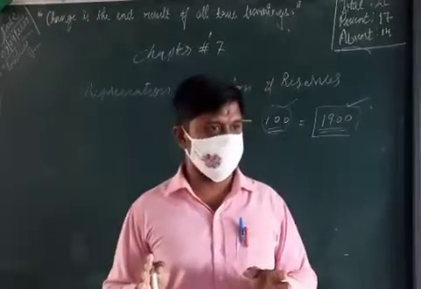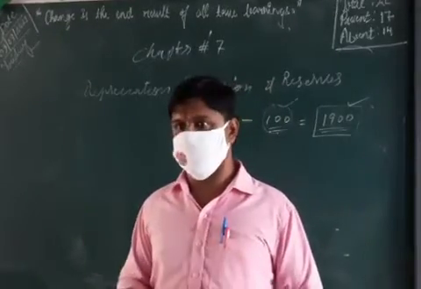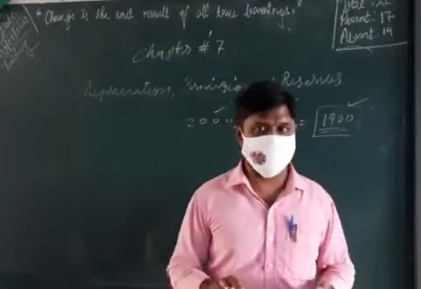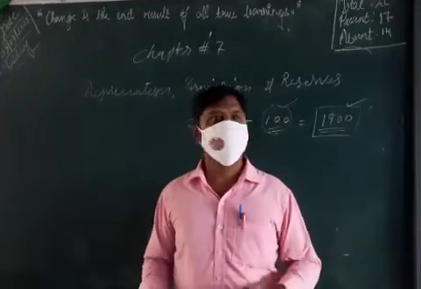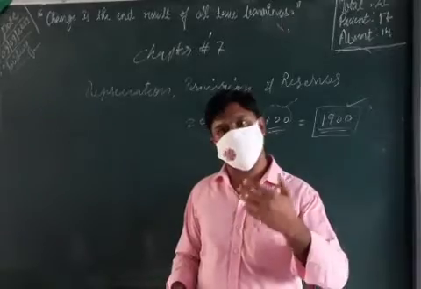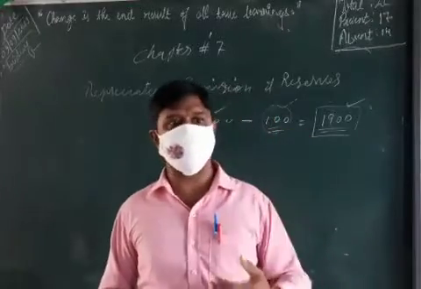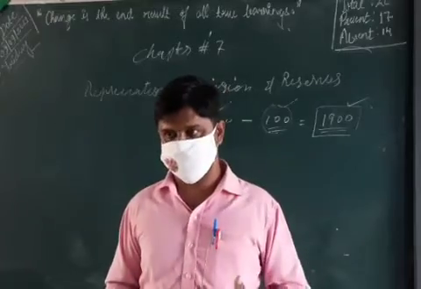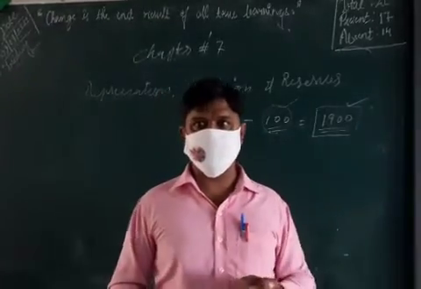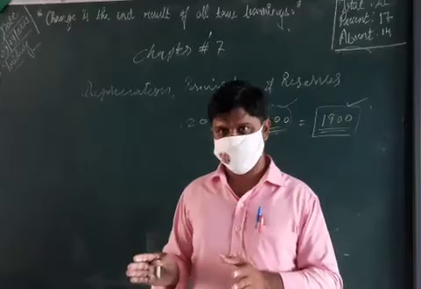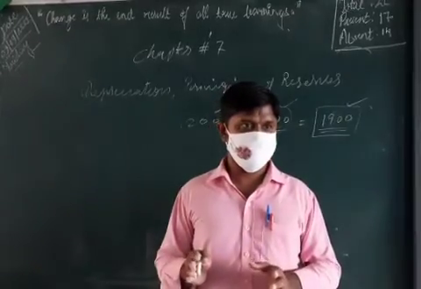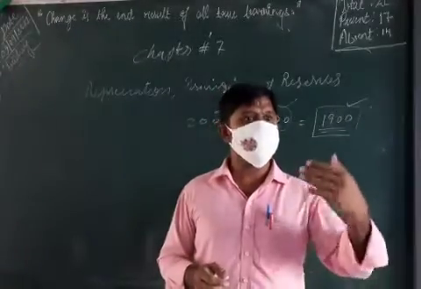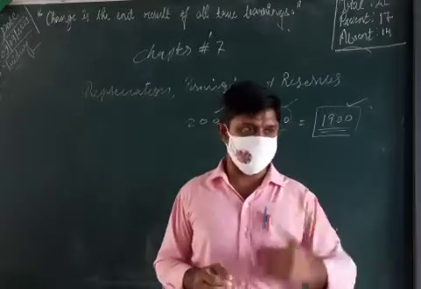For buildings, if it is a very strong building, we may use it for 50 years or more, sometimes 75 years, sometimes even up to 100 years. But that depends, and at the same time we need to examine its strength, whether it is good or not.